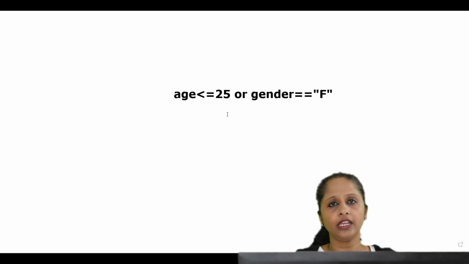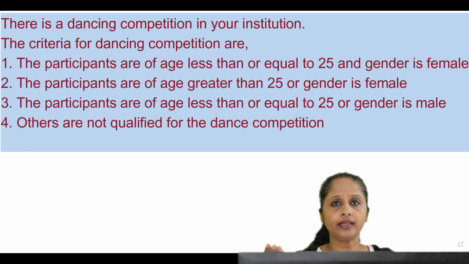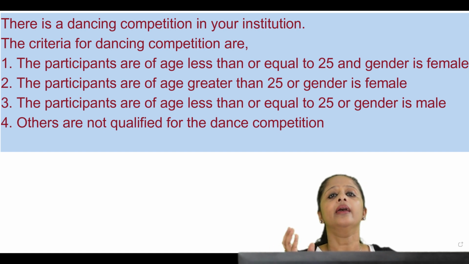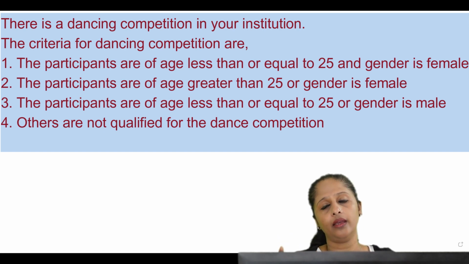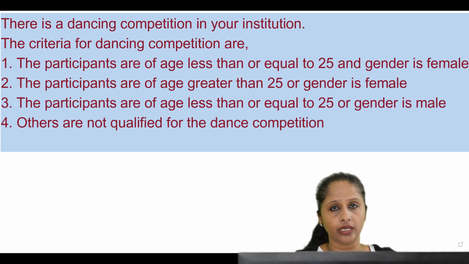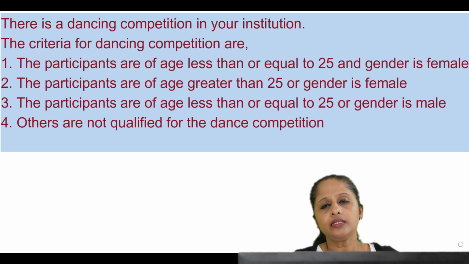Suppose there is a dancing competition and the main criteria are that the gender should be female and the age should be less than or equal to 25. That is the main condition for participation. There is some other leniency they are giving.